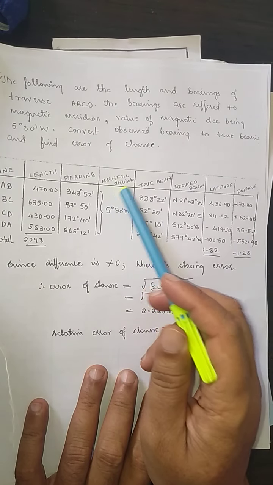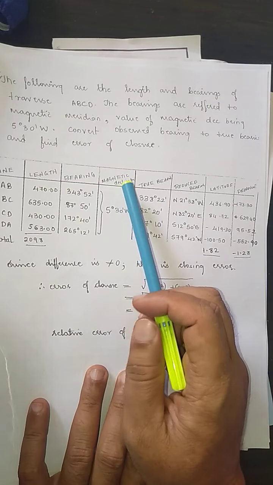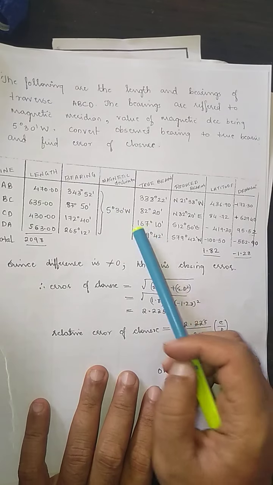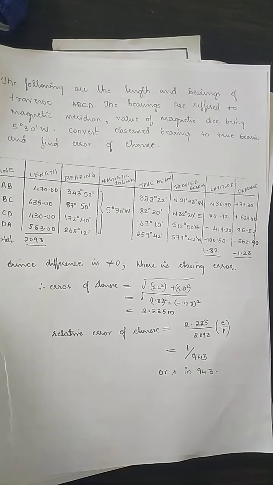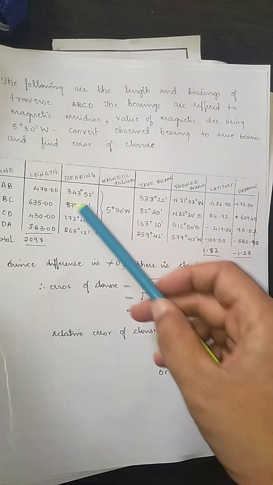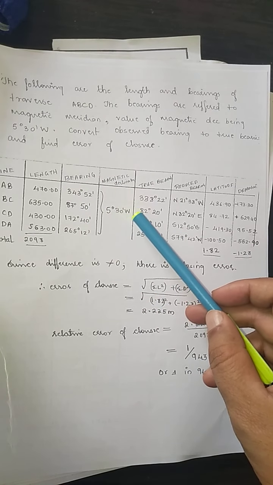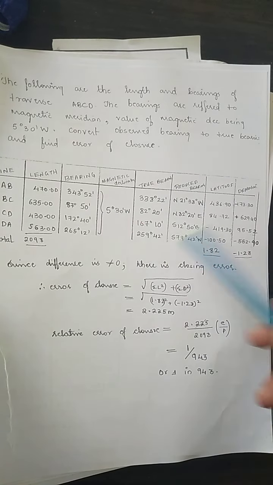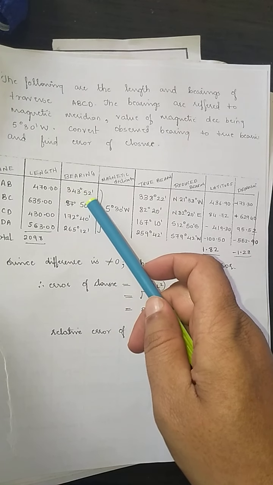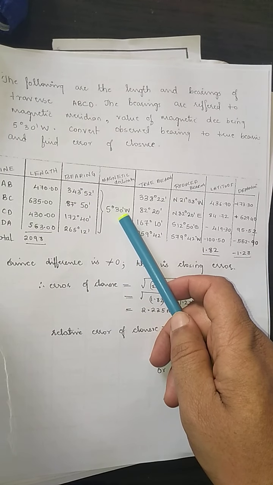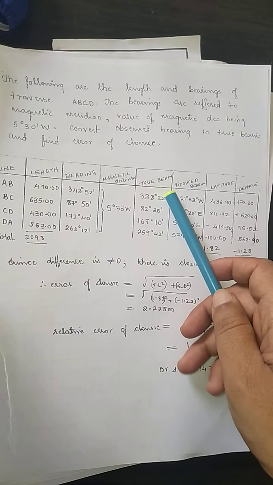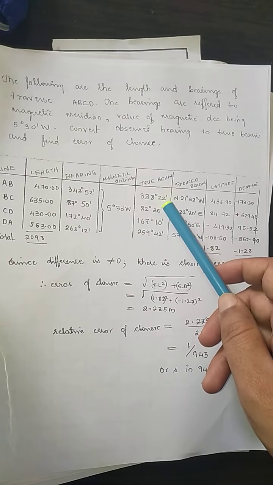Now since the magnetic declination is there, the first thing you need to do is the conversion. As we have solved problems on magnetic declination, these are your bearings. Since the declination is westward, we need to reduce this value. So 343 degree 52 minutes minus 5 degree 30 minutes west, we get 338 degree 22 minutes.